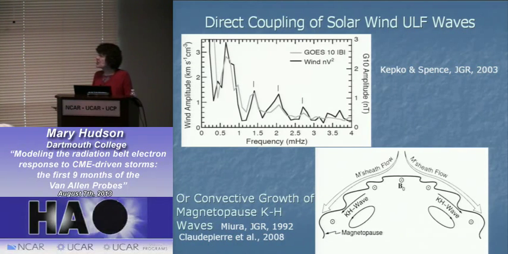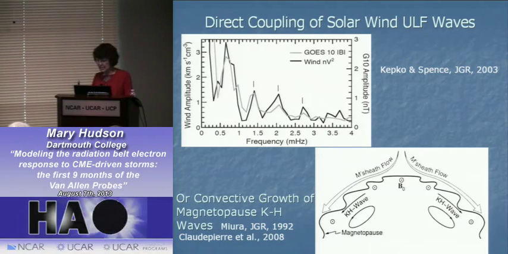Pressure oscillations in the solar wind are seen to map into magnetic field oscillations at geosynchronous with the same frequencies. So that's a direct driving of ULF waves in the magnetosphere from solar wind pressure oscillations. And then the other way that has been investigated by Seth, and I'll show you a figure from his thesis, is the excitation of Kelvin-Helmholtz instability along the flanks of the magnetosphere.